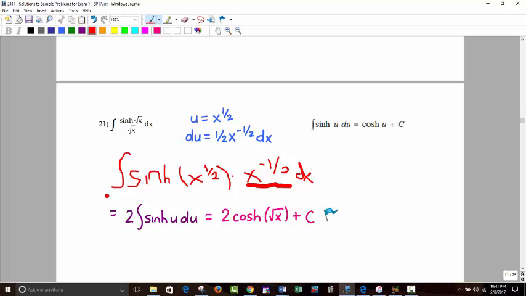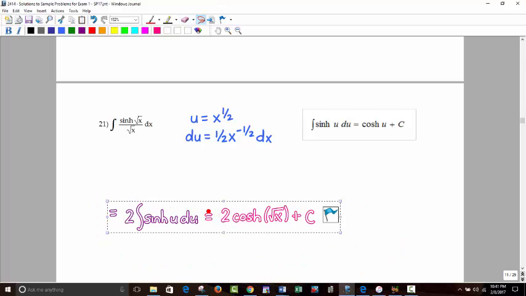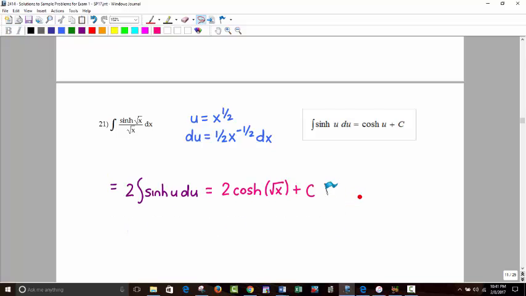And so 2 comes out, so then it's easy. So then you just end up with the integral of 2 hyperbolic sine u, and that just ends up being 2 hyperbolic cosine of u, the square root of x. And there we go.